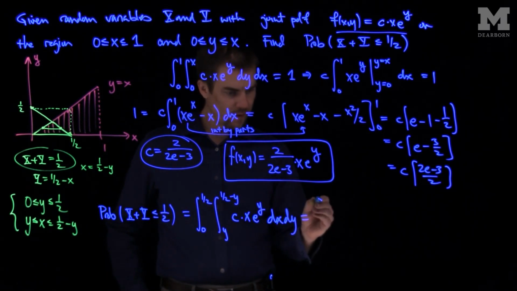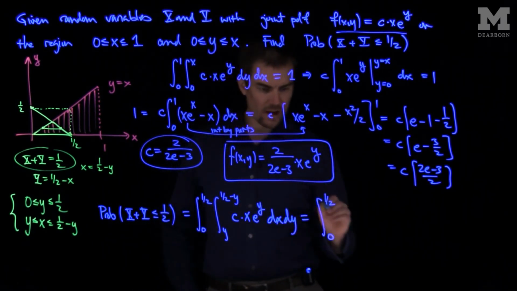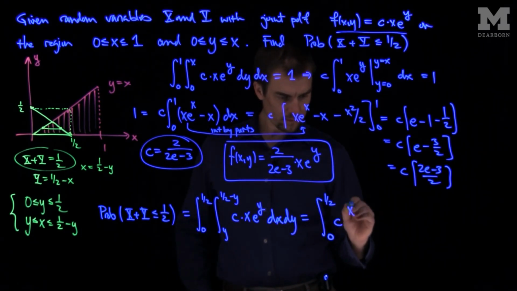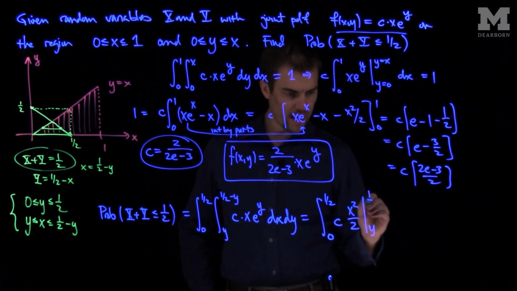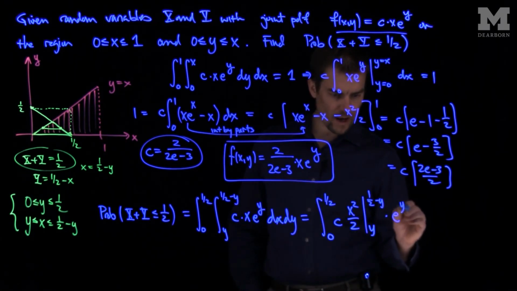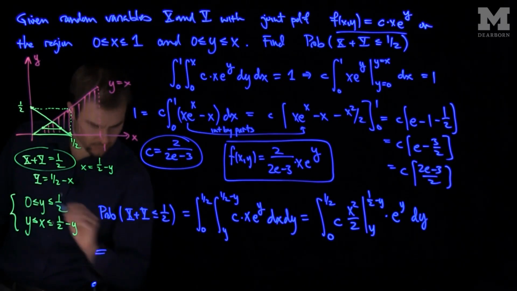And so what we'll do is we'll have the integral from 0 to 1/2. And then we'll have c times x squared over 2, evaluated from y up to 1/2 minus y. And then this will be multiplied by e to the y dy. And so let's just do one more line. We'll leave it as a Calc 1 integral to do.